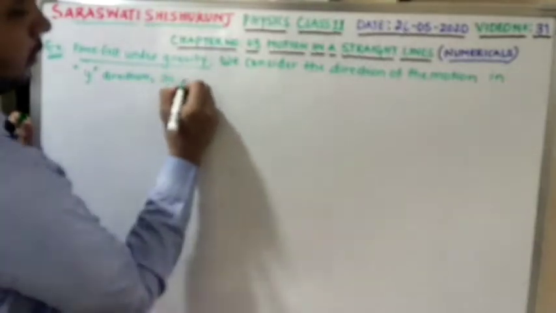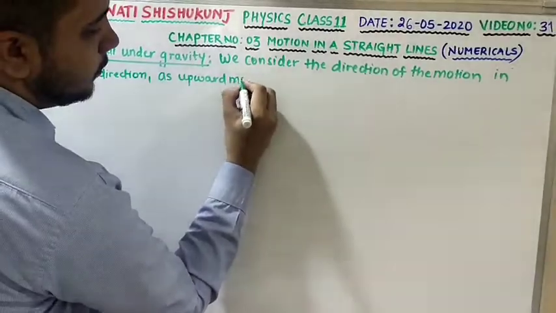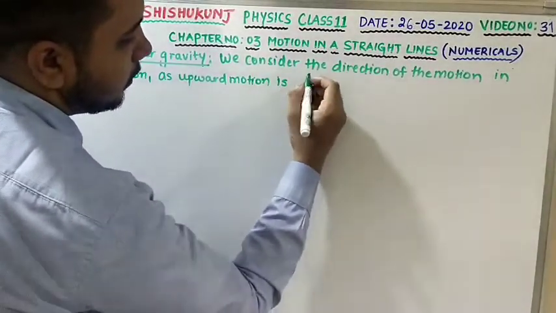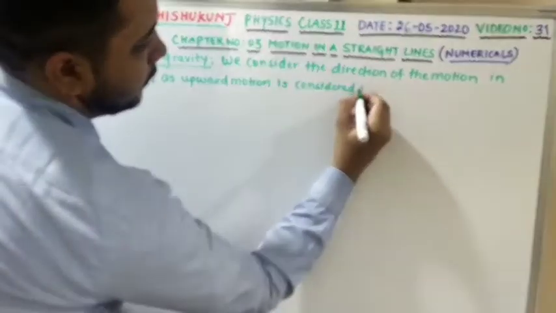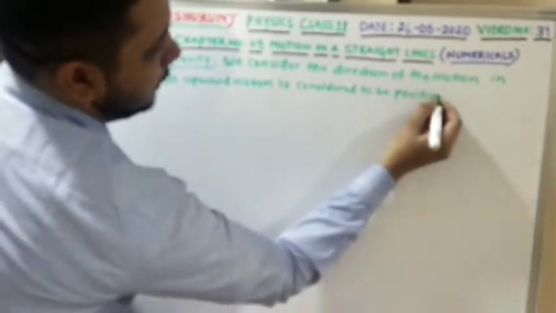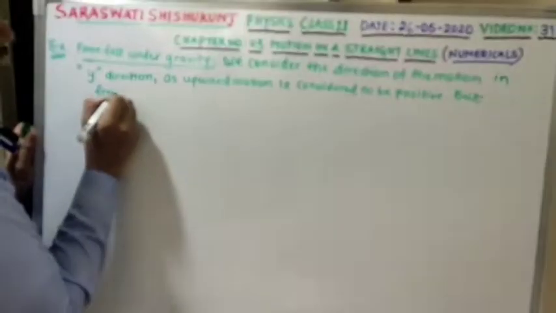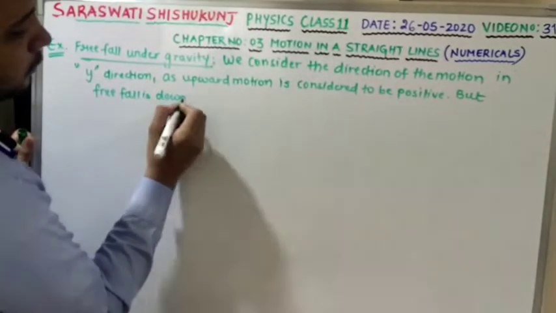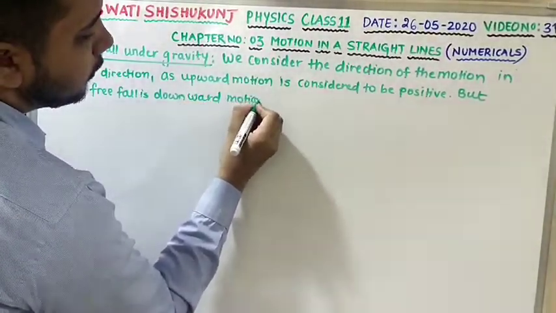As upward motion is considered to be positive, but free fall is downward motion.